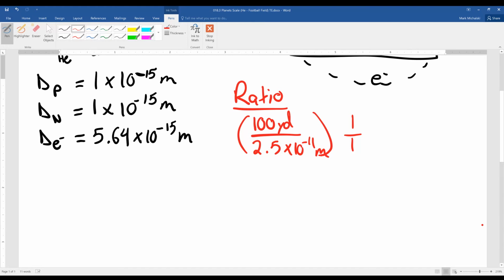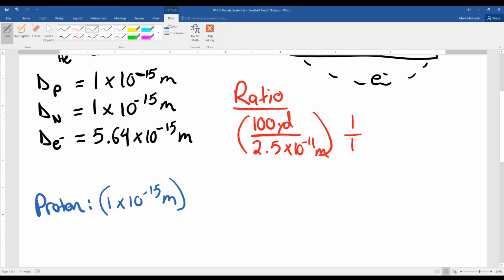In order to calculate the size of the proton, we have our proton. I know that the proton itself is actually 1 times 10 to the negative 15 meters. This is my actual size of the proton.